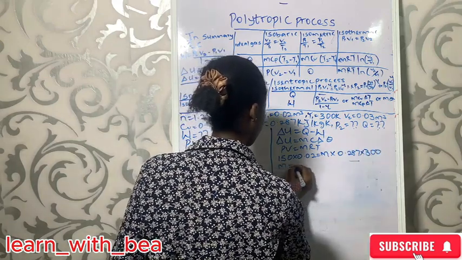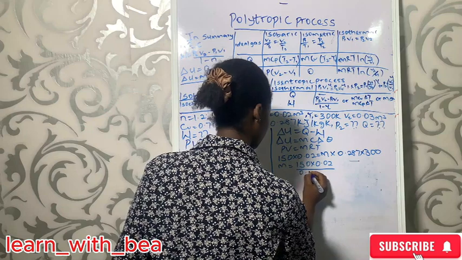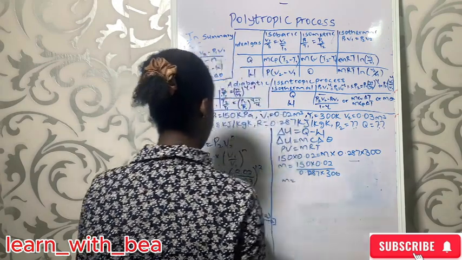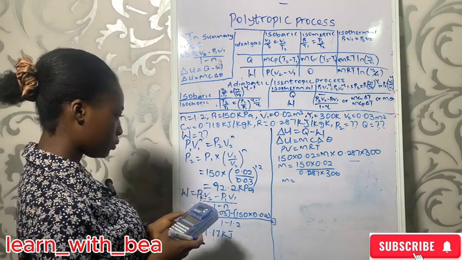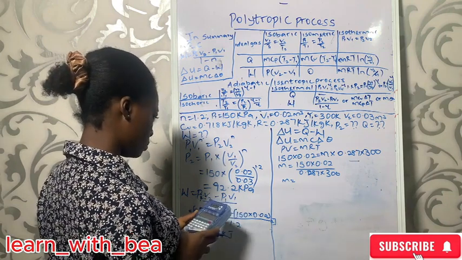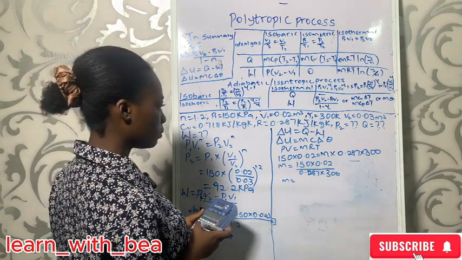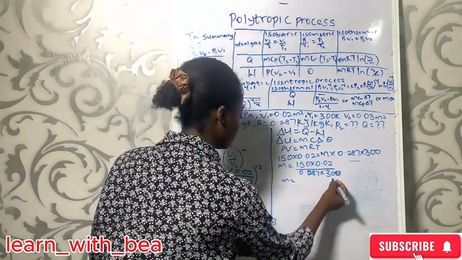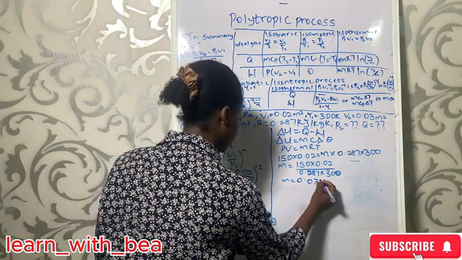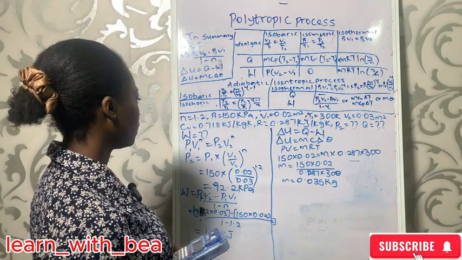So to get m, we have 150 times 0.02 divided by 0.287 times 300. So our m is 0.035 kg.